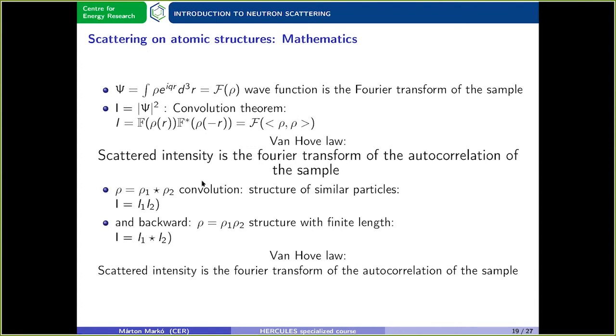And if we have a structure of similar particles, let's say ρ1 is the particle and ρ2 says the structure of these particles, then the intensity will be the product of these two theoretical intensities, and this is the same backward. So if we have a structure which is just a product of 2 functions, then we will see the convolution of the two intensities.